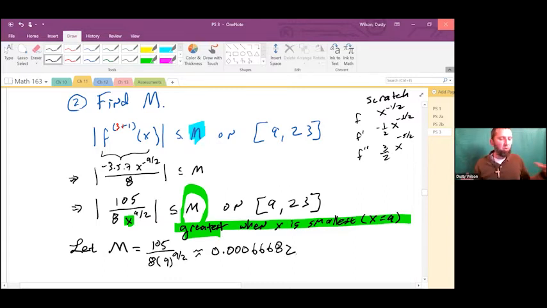So I'm saying my fourth derivative is always smaller than or equal to this thing on the interval 9 to 23. Okay, so this is our upper bound for the fourth derivative.